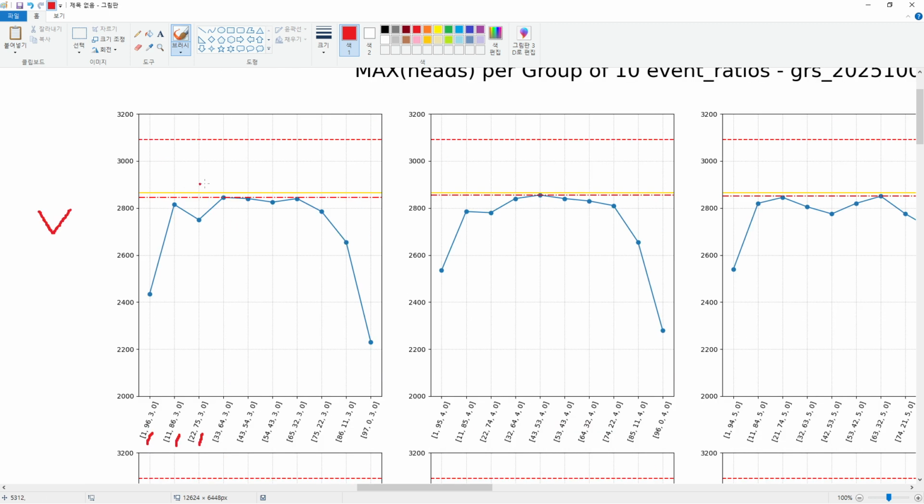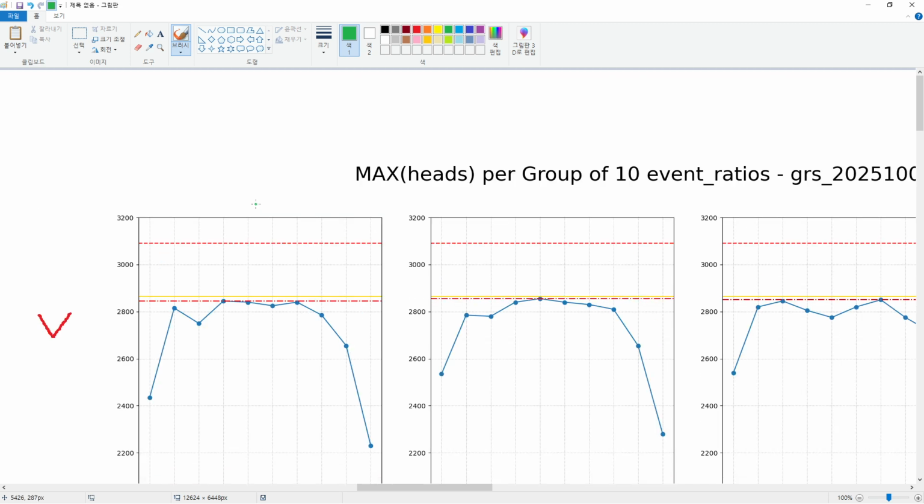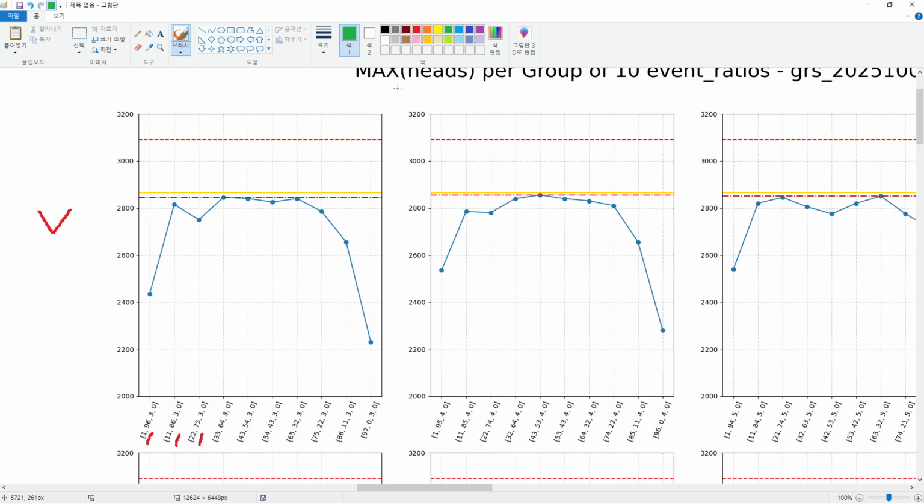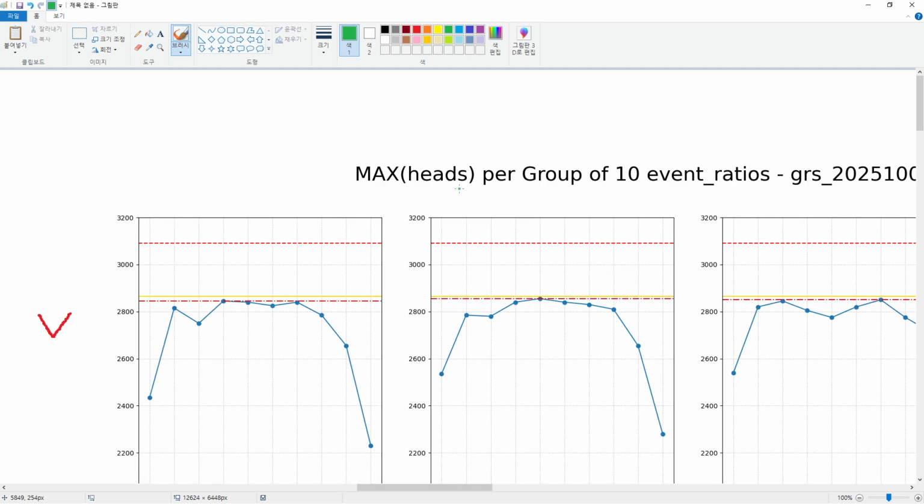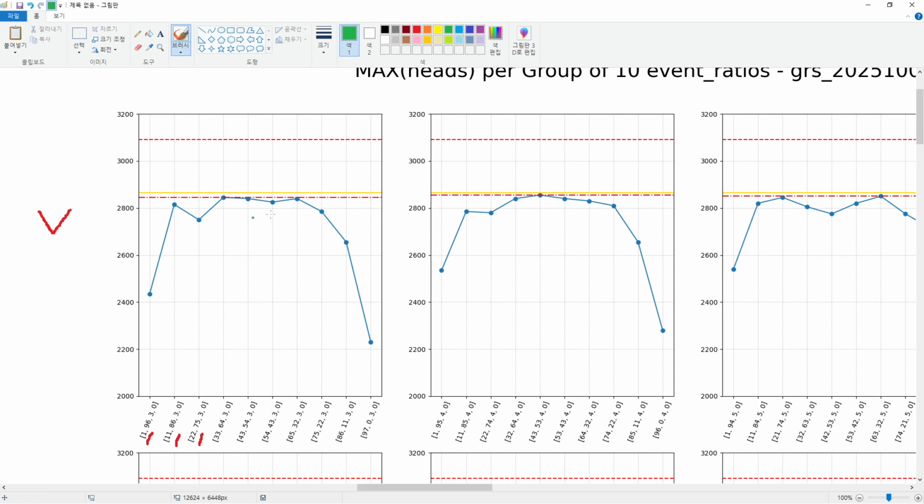And here, what we can see is that usually the highest max of heads, rather, highest max ever, let's say, is reached somewhere in the middle.